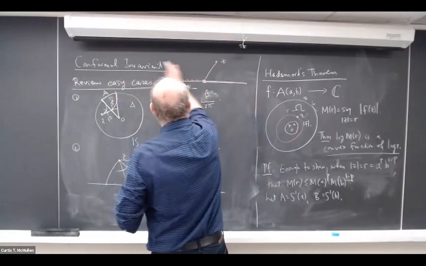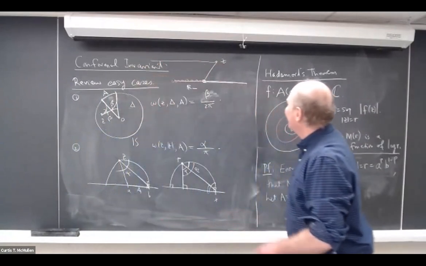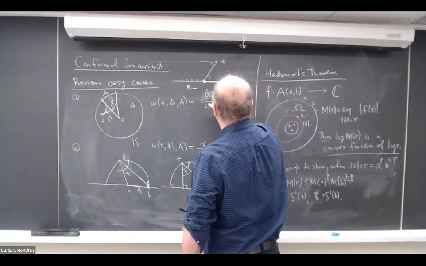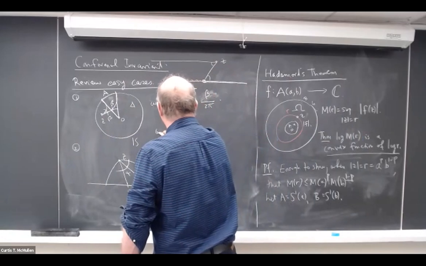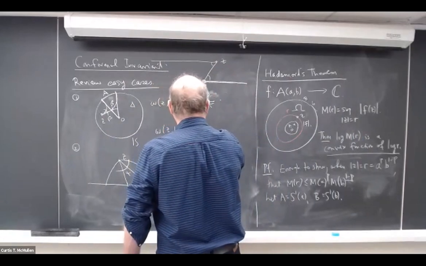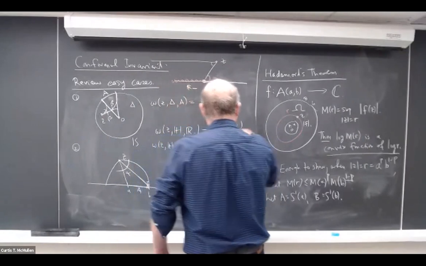And now the endpoint of the positive real axis is very far away. But what we get is this angle is, of course, the same as this angle. So in the upper half plane, the harmonic measure of the negative real axis is nothing more than the argument of Z divided by pi.